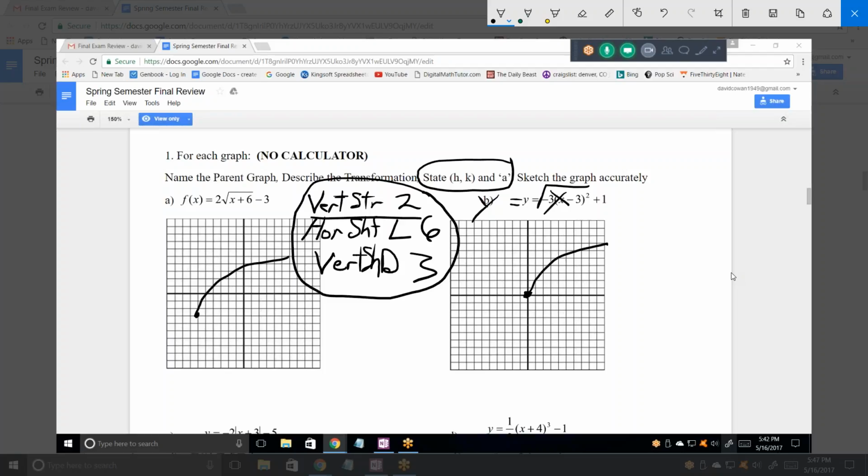Now, the vertical stretch makes this curve look more compressed. It is going to double everything. So it's going to look like that instead of the black line. If I were to do strictly a vertical stretch, basically what the vertical stretch says is that any point that was on the black line is going to be twice as far away from the x-axis, right? I'm multiplying it by 2.